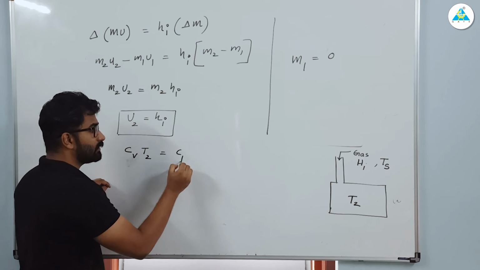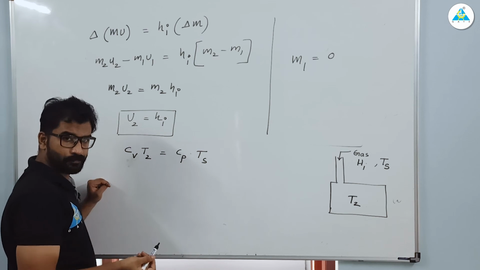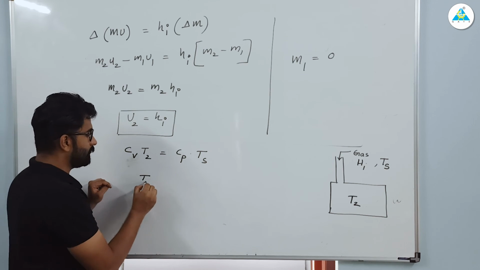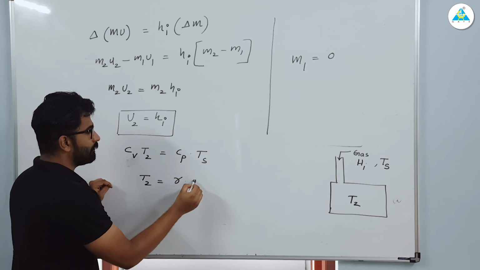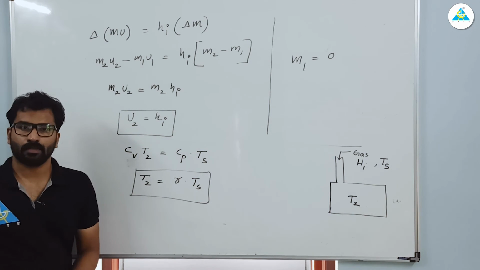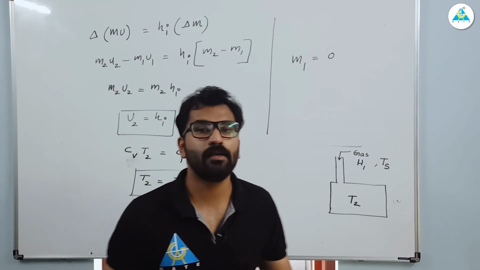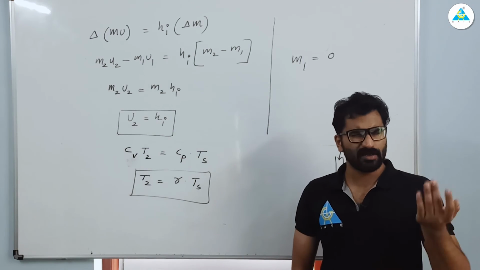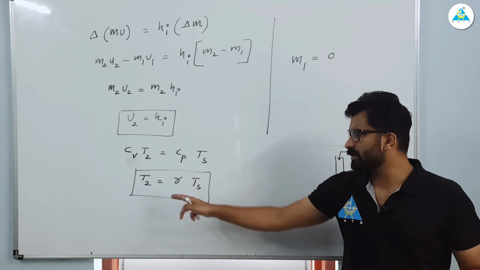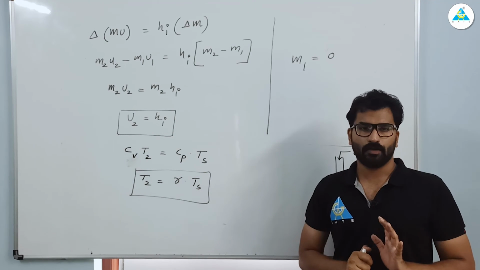Enthalpy, Cp times inlet temperature Ts, right? Cp by Cv is gamma, so T2 is gamma times Ts. Clear? So the problem is solved. You can see the same question from the Smith and Van Ness book is repeated with a small change. They have not asked for the same relation, they have just changed the question.